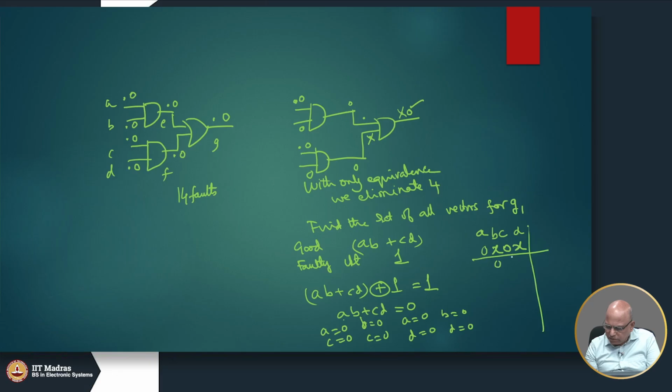We can also have B 0 and C 0 and the others are do not care. We can have A 0, D 0 and the others are do not care, or we can have B 0 and D 0 and the others are do not care. So, we have quite a few test vectors for output stuck at 1.